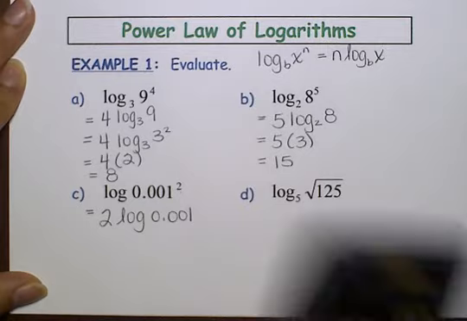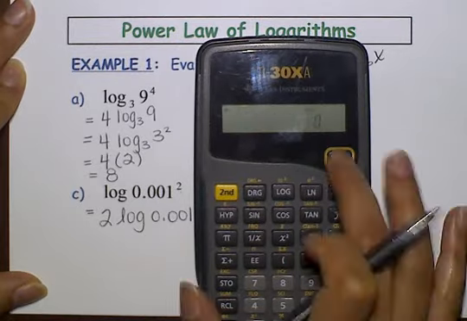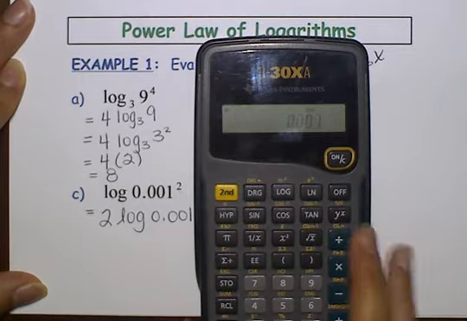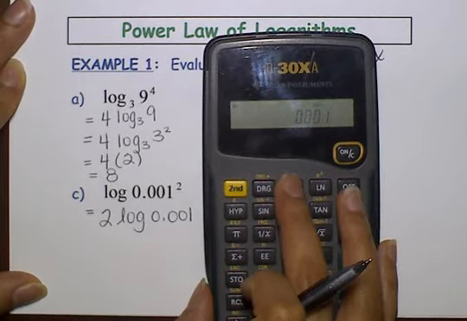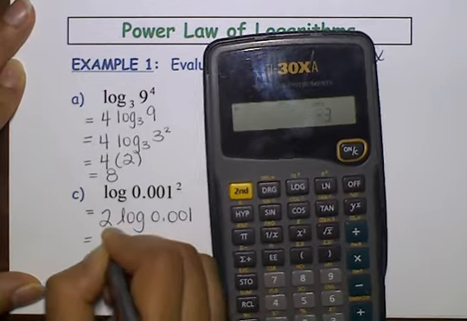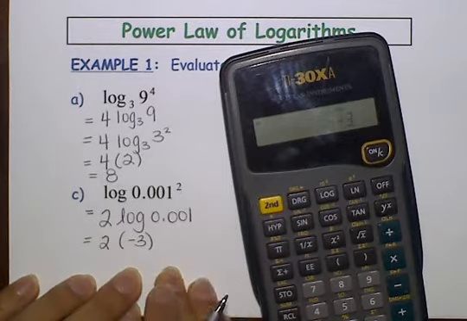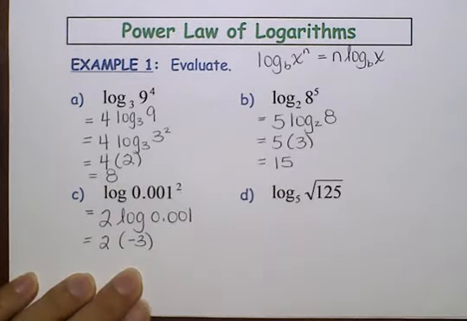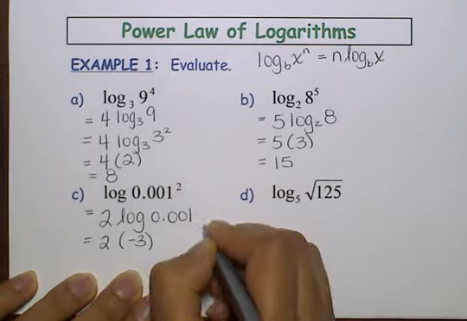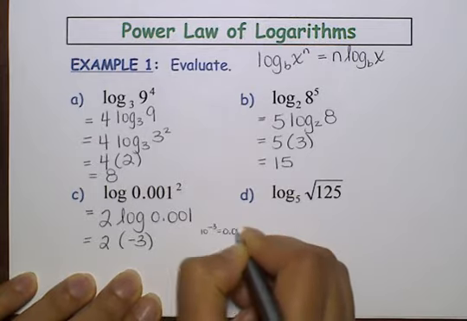Anytime you have a common logarithm, you can use your calculator to help you evaluate. So I'm going to find the common logarithm of 0.001, and I get a result of -3. So that's 2 times -3. Log of 0.001, according to my calculator, is -3. And this makes sense because 10 to the exponent -3 gives me a result of 0.001.